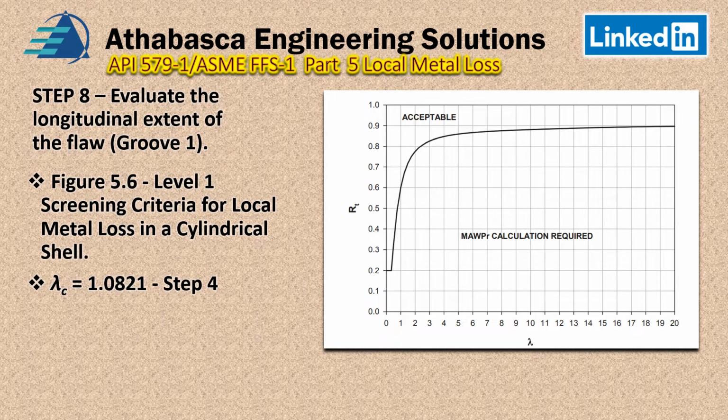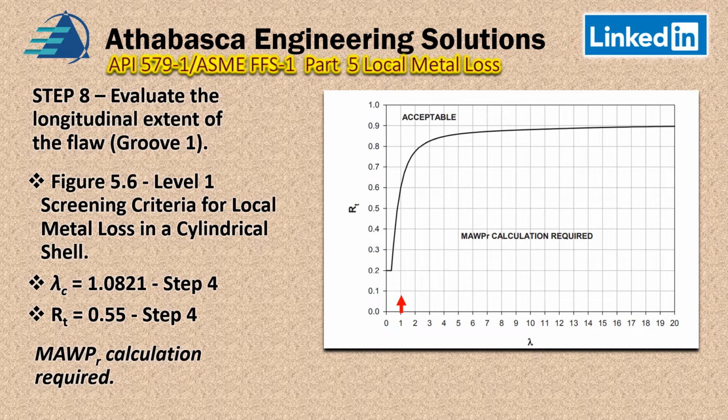And from there, we calculated earlier from step 4, we had 1.0821, and that's step 4. And then we have our RT, our thickness ratio, which we calculated again from step 4. And then we just apply it to the graph. So we've got our value there. And then we calculate our MAWP required.